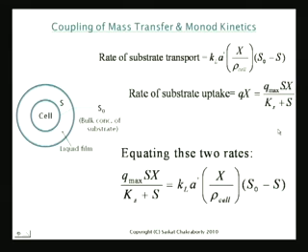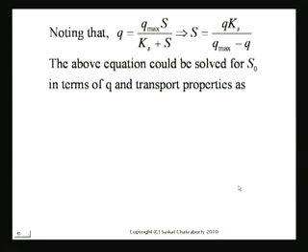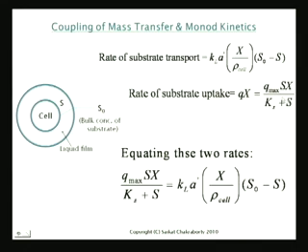Okay. So this is your basic equation, and what it entails is that the rate of substrate transport at steady state equals the rate of reactive uptake by the cell. Now here q is just as we mentioned, q max S over Ks plus S.